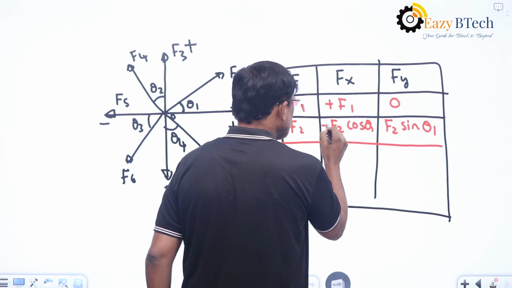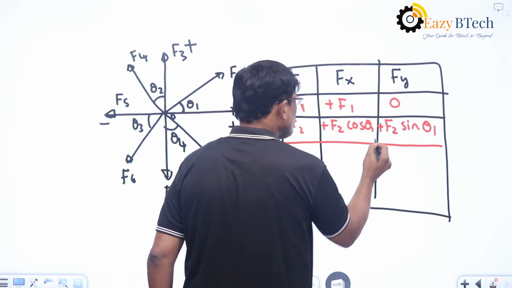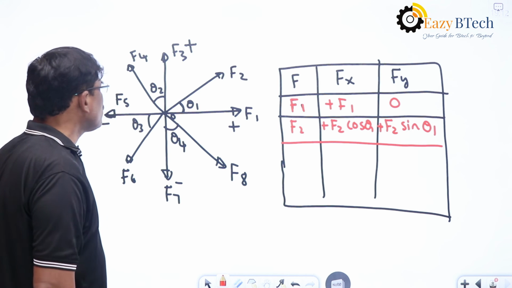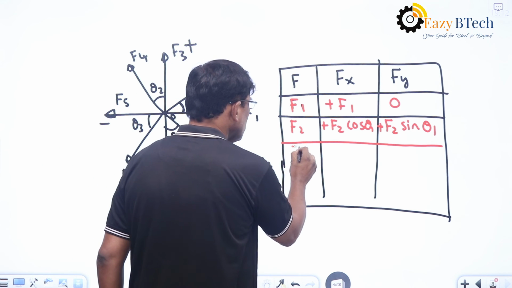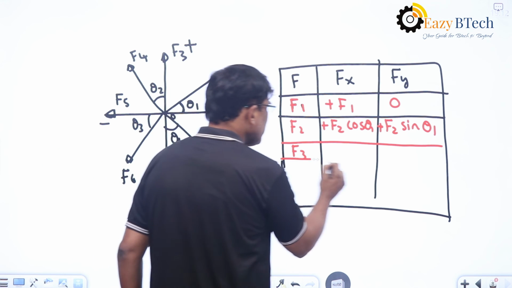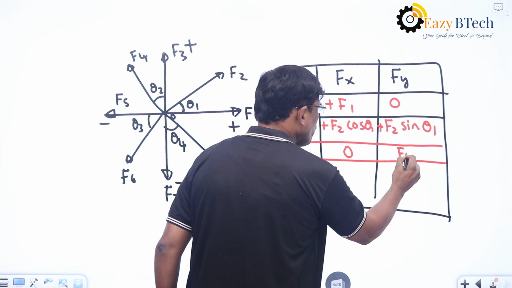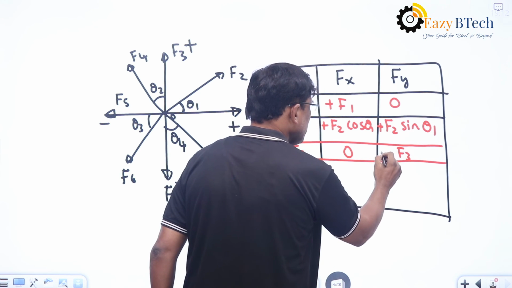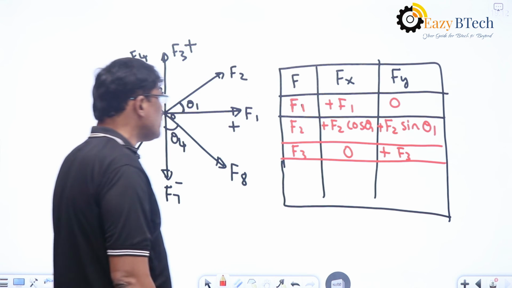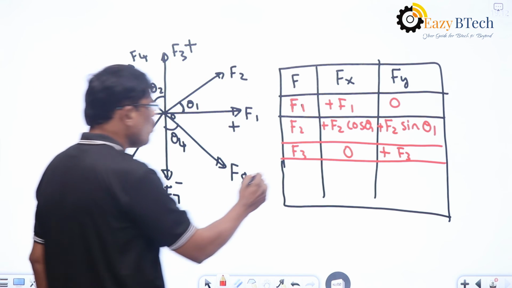So when it comes to direction, both are positive. And the next one is F3 and x component is 0, y component is F3, but this is plus.